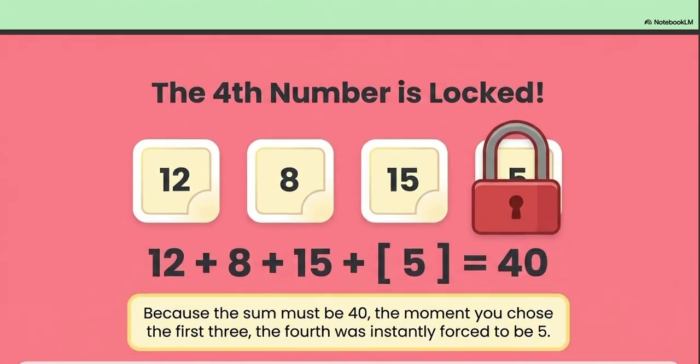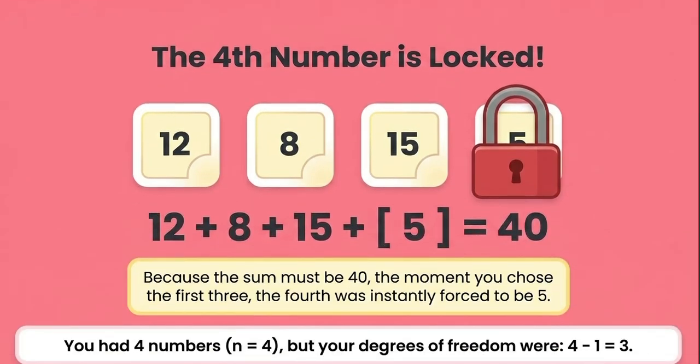So that's why we are subtracting 1 when we are calculating the degree of freedom. Okay, so look at here, the last number was 5. We cannot change that, otherwise the sum is not 40. So because the sum must be 40, the moment you choose the first three numbers, the fourth number is instantly locked by a fixed number.